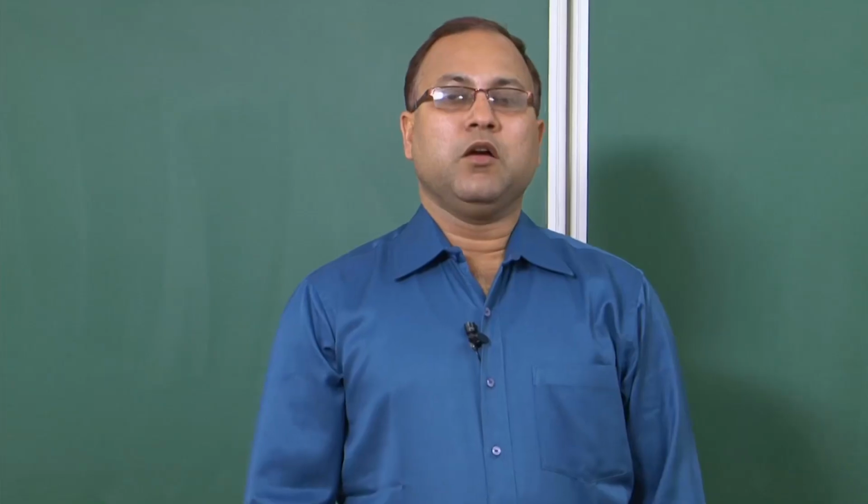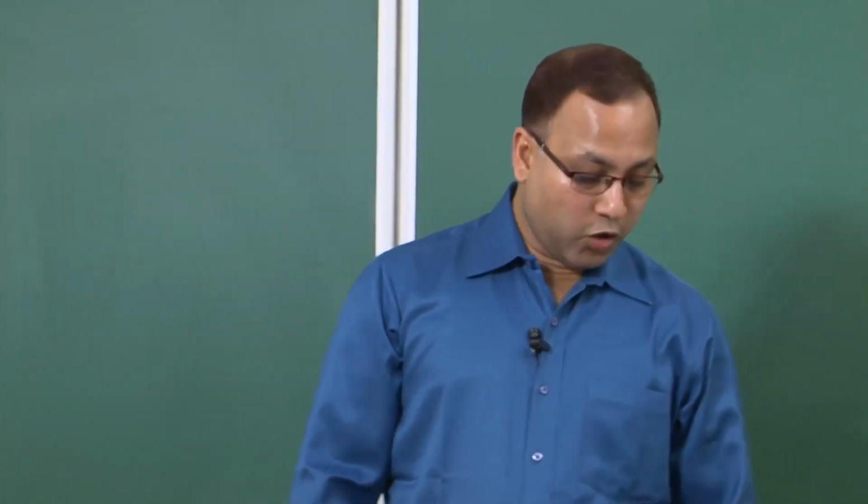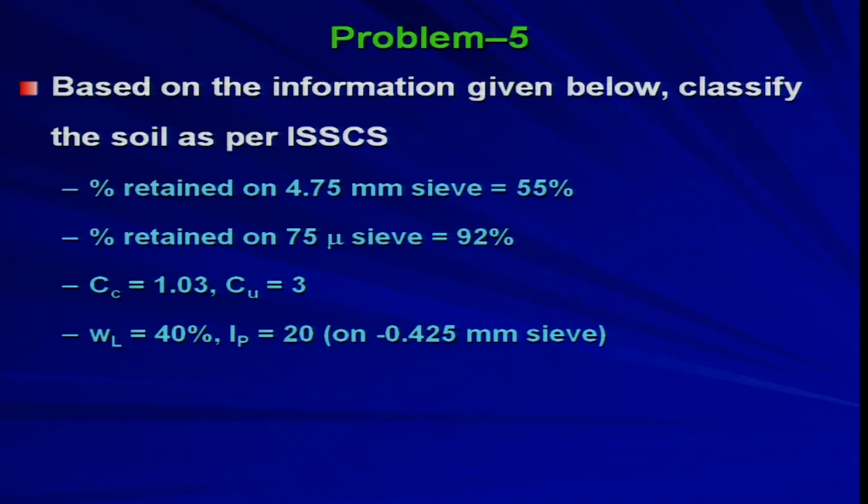Well, now we will take one problem on the soil classification system we saw in the last lecture. The problem says: based on the information given below, classify the soil as per the Indian soil classification system.